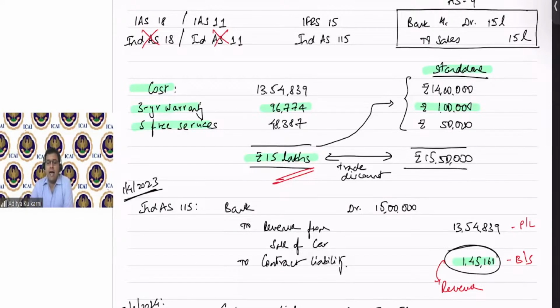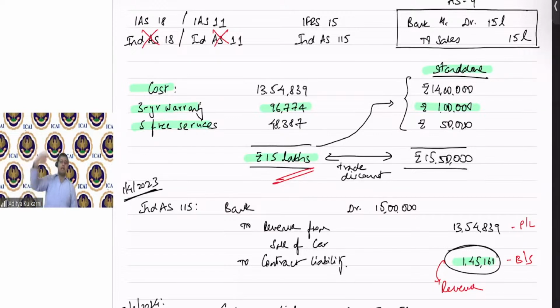Sir, you can allocate based on your competitors' prices. See, you can go to the competitor and ask, what are the prices of the standalone car that you give? What are the prices of the standalone warranty services or of the free services? Then he will tell you. You go as a customer, he will tell the prices as he would tell to a customer.